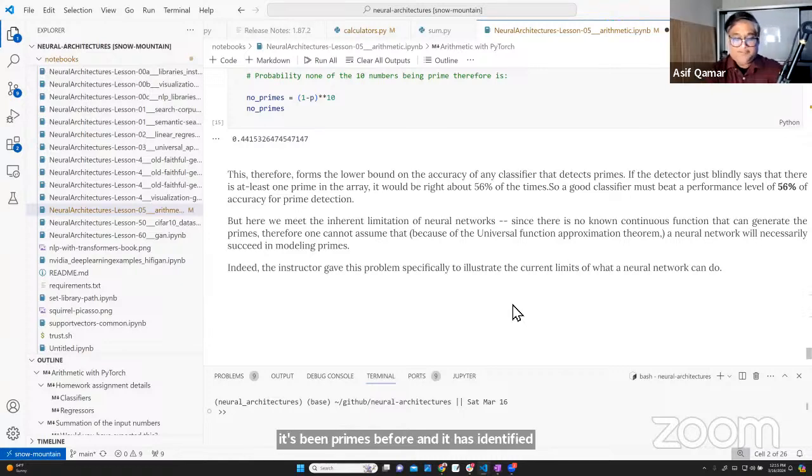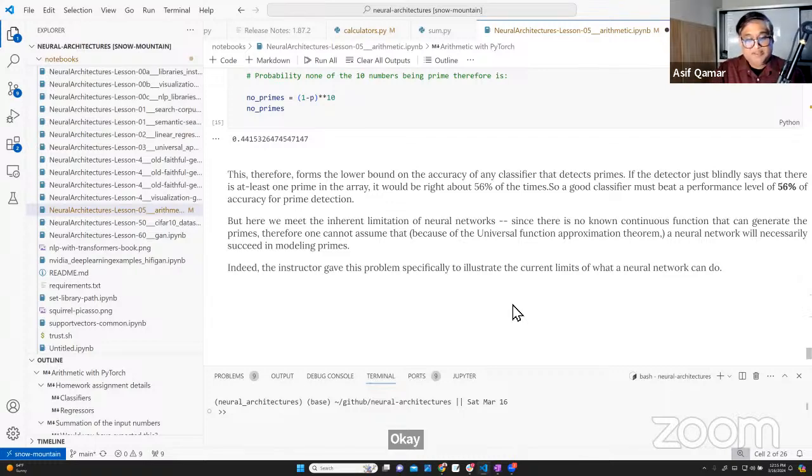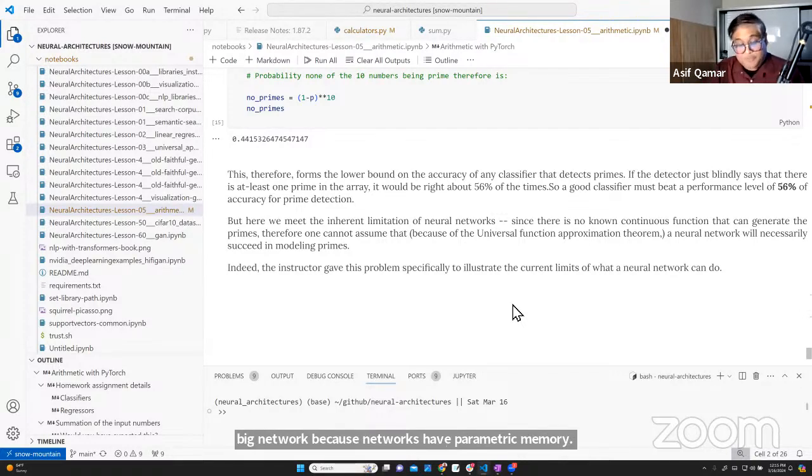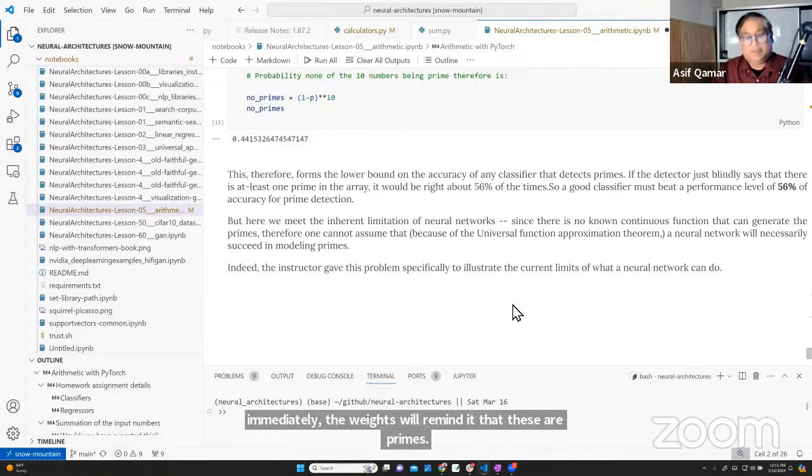Yes, actually, you raise a very good point. And you hit upon what I was going to say. A network can contain primes that it recognizes if you have trained it and it is a sufficiently big network, because networks have parametric memory. If you train a sufficiently large network with attention, the weights will remind it that these are primes, or it will remember the primes.